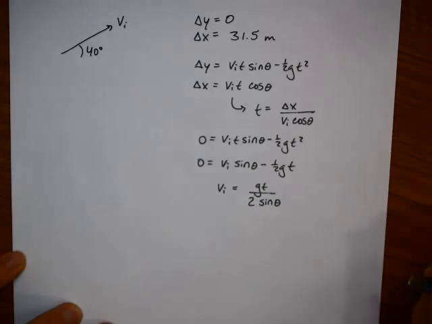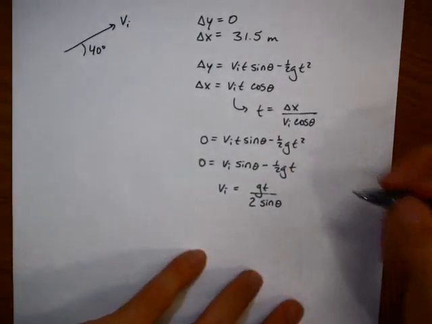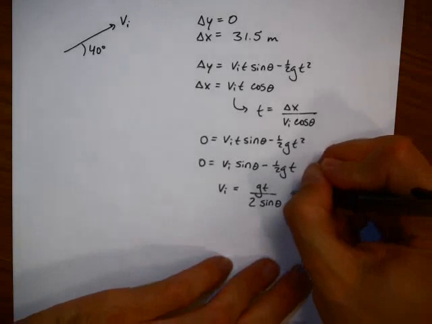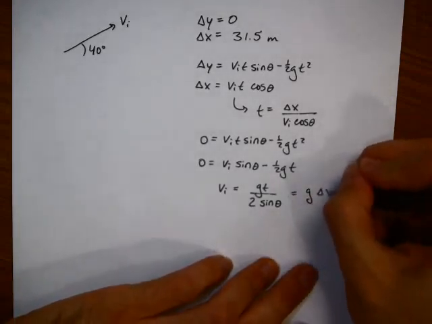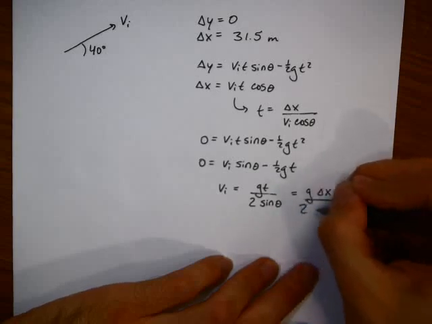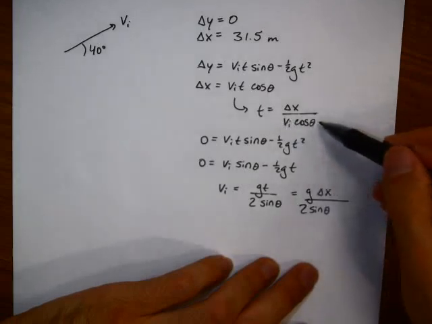And now I'm going to plug in for t. I don't know if I'm doing this the most efficient way, but it's going to work out. This is g. When I plug in for t, I get delta x over, I'm going to go ahead and write in the 2 sine theta because it was already there. Okay, delta x over Vi cosine theta.